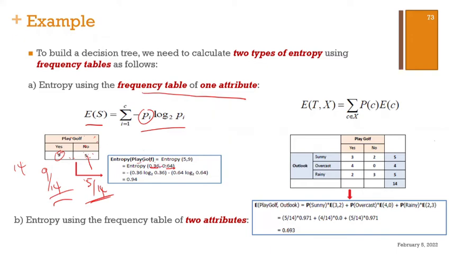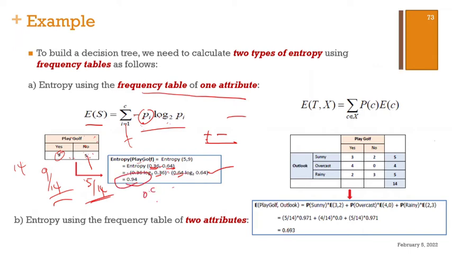Once you have the probability, you apply this formula, which is minus the probability times the log to base 2 of the probability. The minus is there because you are adding them together; this is a summation, and with the minus, plus minus becomes minus. Then the probability of 9, that is saying yes, go and play golf, and the log of the probability to base 2. If you do this simple mathematics, you are going to get 0.94.